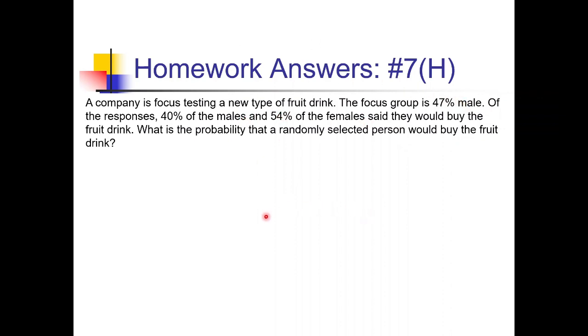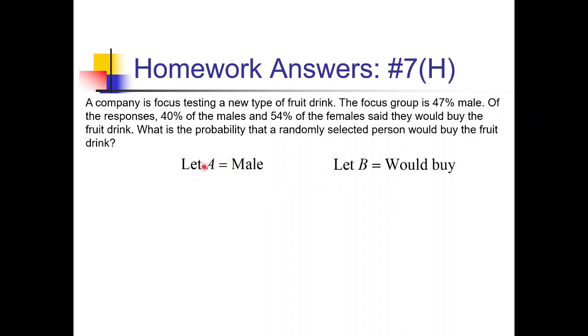We're going to make a tree to show all this here. So I'm going to have 2 events in this one. We're going to let event A be whether or not the respondent is male. We could have made it female, but we've got to pick one. And then event B is that they would buy the drink. So for event A, we have 2 possibilities, male or not male.